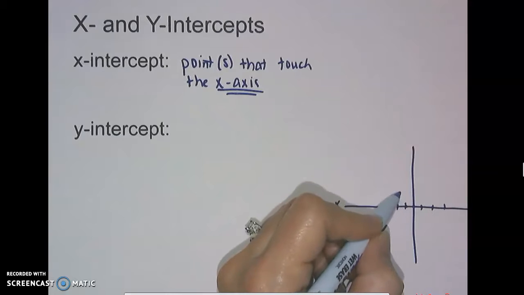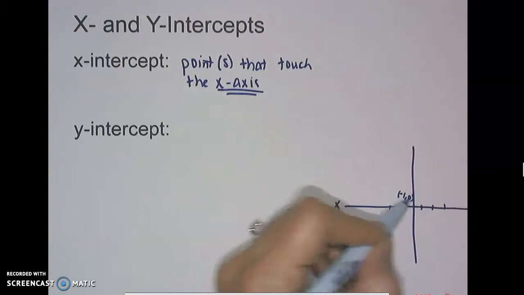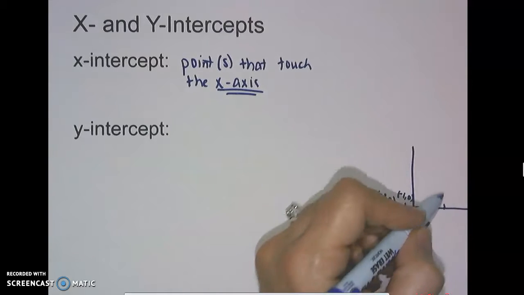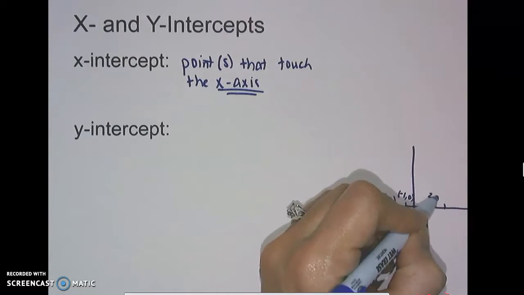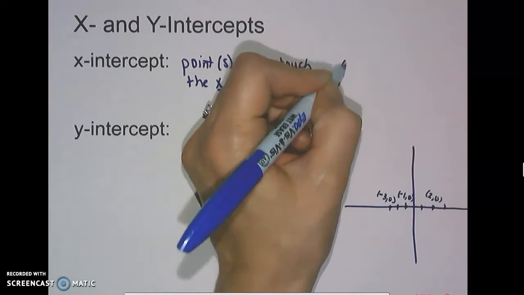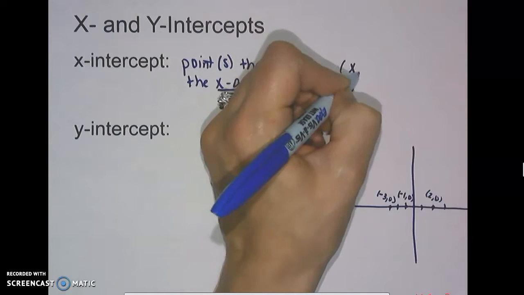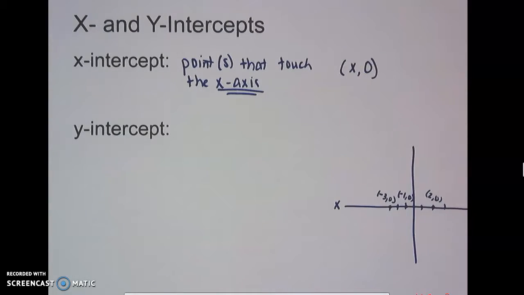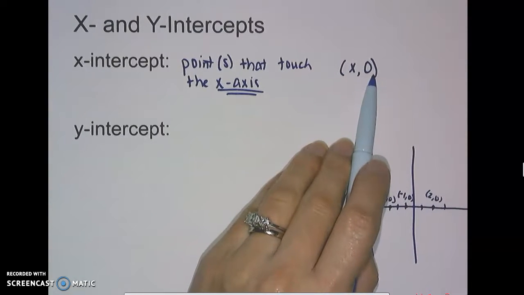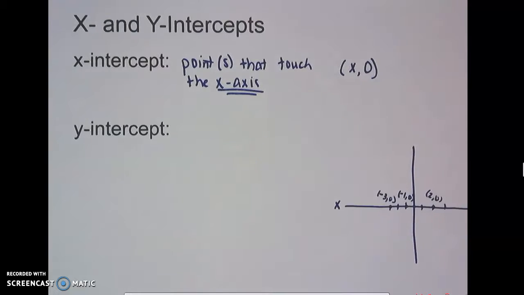So this would be the point -1, 0, and -3, 0, or 2, 0. What do those all have in common? And obviously there's lots more. So those all have some sort of x-coordinate and then y-coordinate of 0. Every single x-intercept is going to be some number and then 0 as the y-coordinate. Okay, that's important to know.